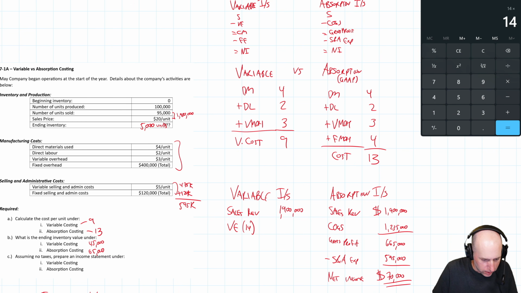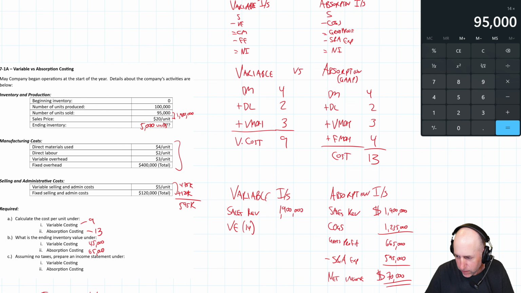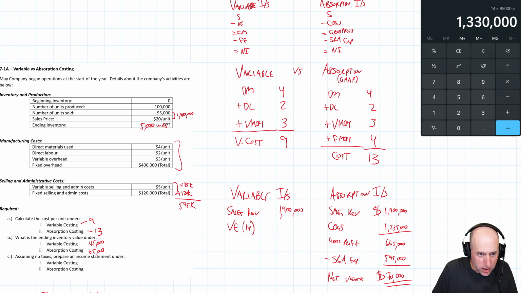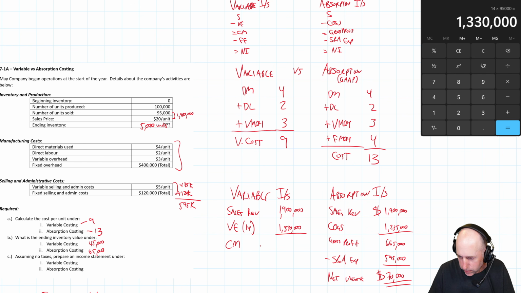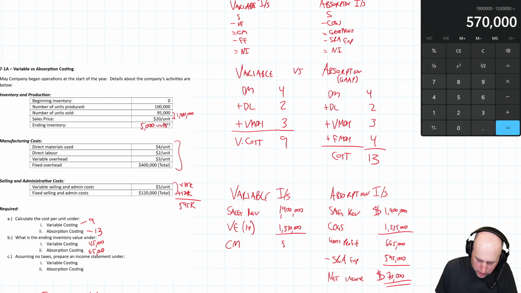And we sold, rather, 95,000 units. So 14 times 95,000, 1,330,000. All right, sales minus variable expenses equals contribution margin. Our contribution margin, 1.9 million minus 1,330,000, 570,000.